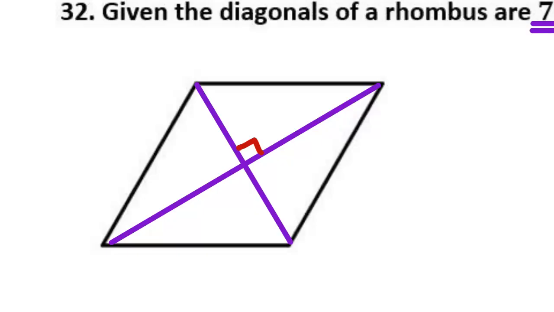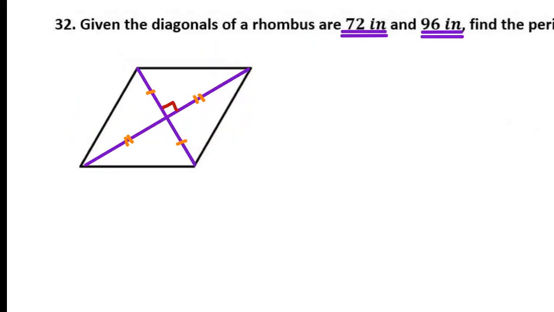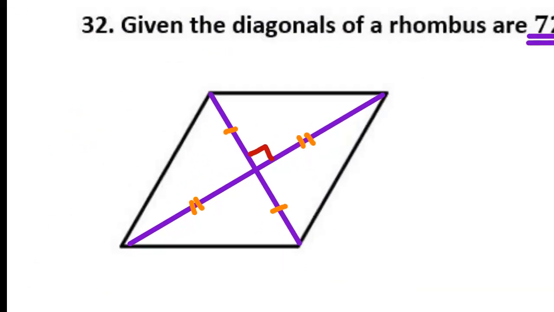What else are they doing to each other? They cut each other in half. So if this big long one right here is 96 inches, how big is each half? 48.